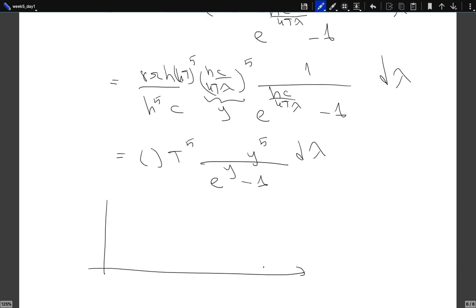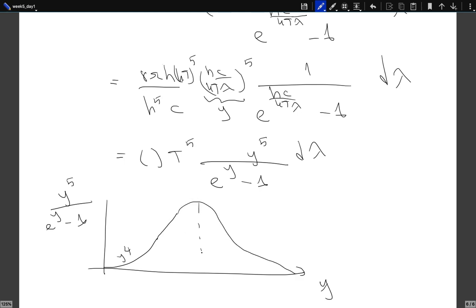So this basically tells me that if you would plot du by d lambda as a function of lambda, at a given temperature, let me just plot the other one: y to the 5th power divided by e to the power y minus 1. Well, this starts like y to the 4, and for large values of y, due to the exponential in the denominator, it goes to 0.